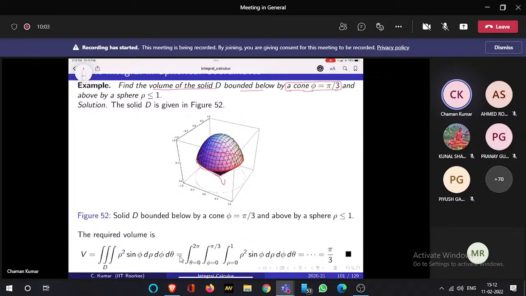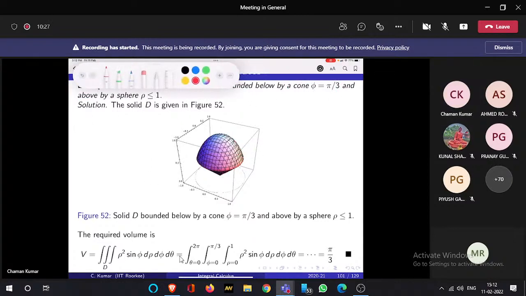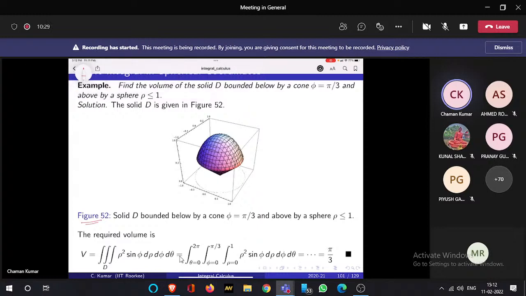So you plot the cone, and then the region is bounded above by the sphere rho less than or equal to 1. So this is the sphere with rho less than or equal to 1. The boundary region is given in this picture.